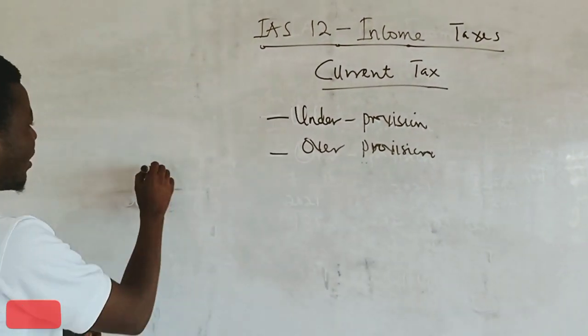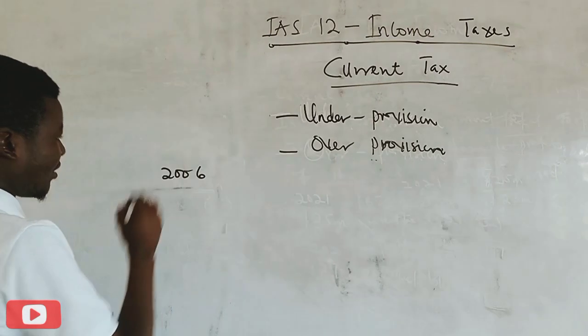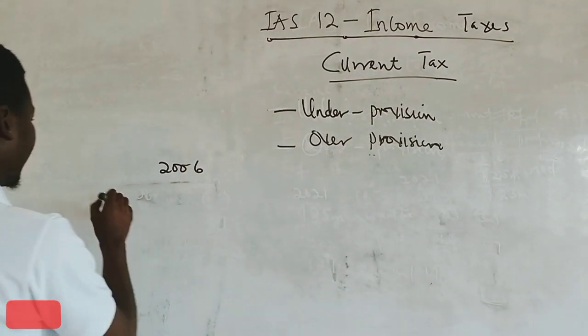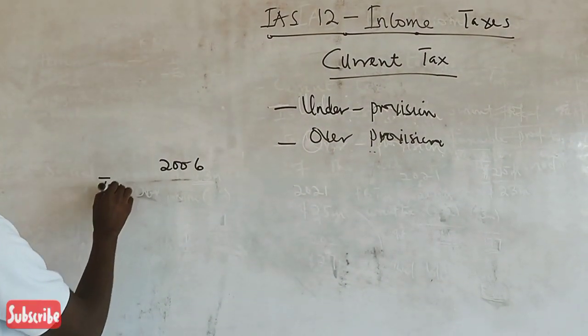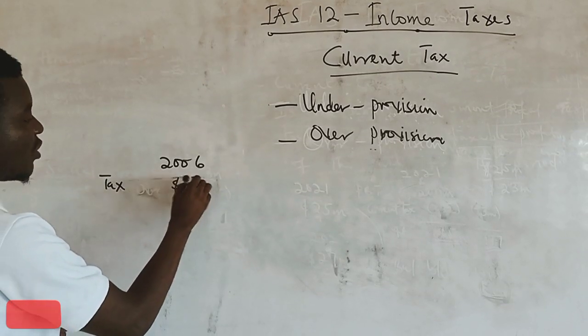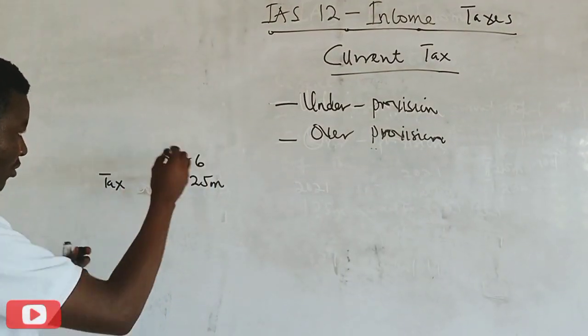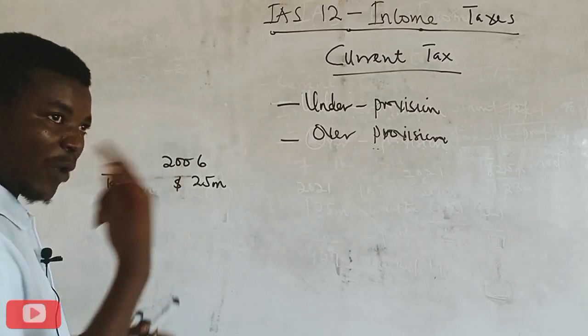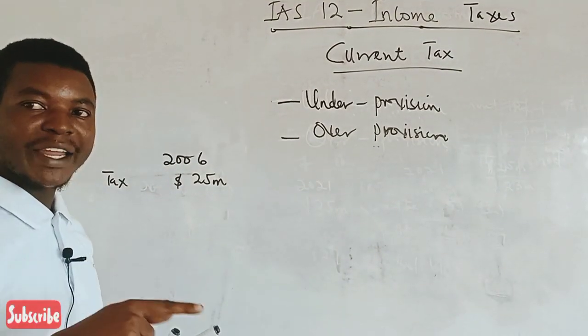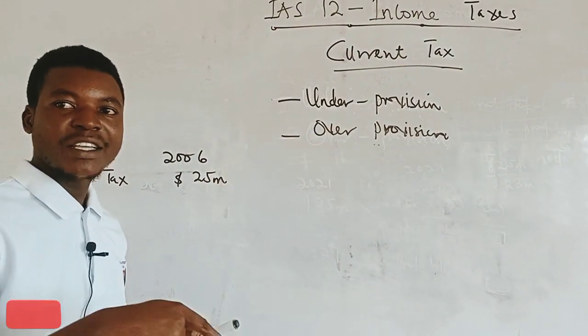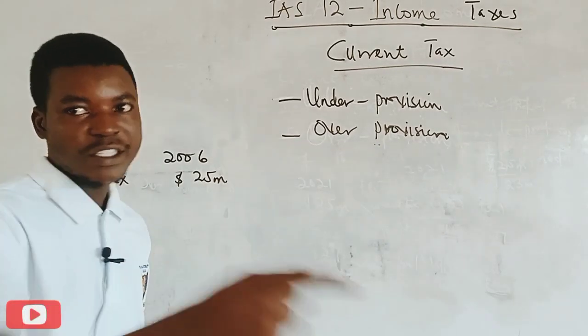Assuming the entity made an estimate for tax of 25 billion in 2006, but the actual tax to be paid will be given to the entity by the tax authority in the subsequent year.